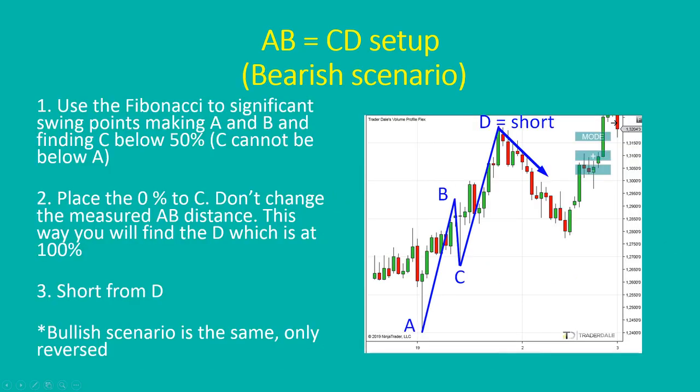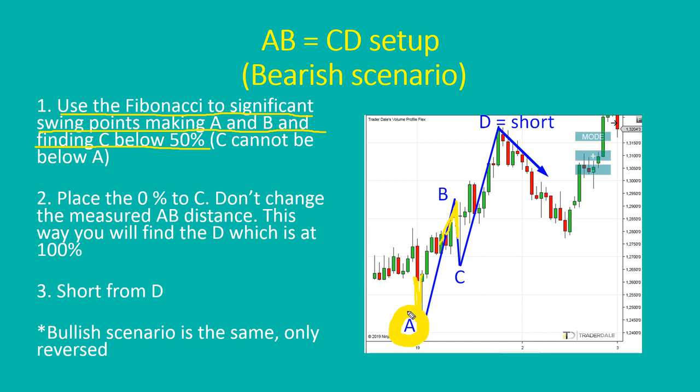Here are the exact steps for the setup on a real chart. The first step is to use the Fibonacci tool on significant swing points, marking A and B, and finding C below the 50%. So in the picture, this is a significant swing point. This is a significant swing point.